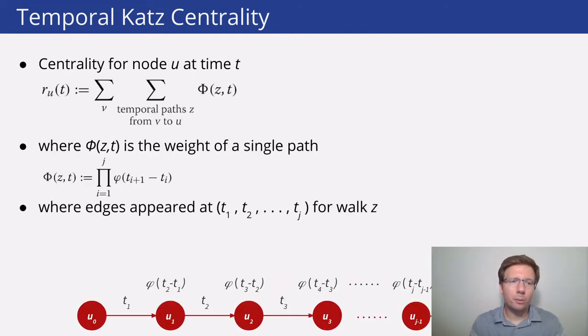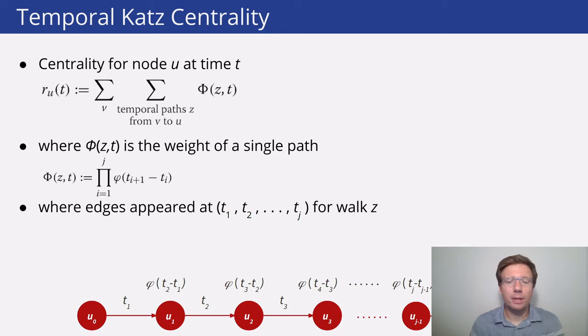There are several ways of defining weights corresponding to these time-respecting paths when aggregating those and computing temporal cut centrality. One way of defining weights over time-respecting paths is to define weights for each pair of adjacent edges.